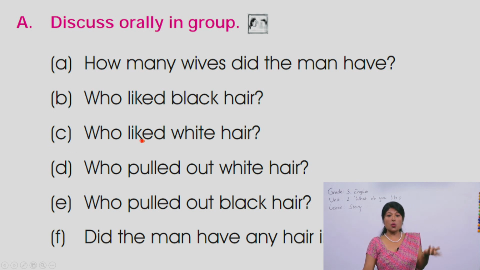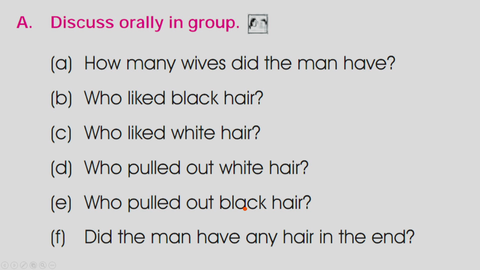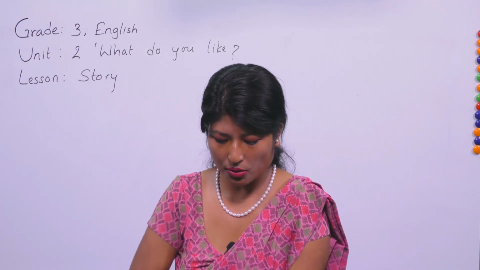Number C, who liked white hair? Number D, who pulled out white hair? Who pulled out black hair? You have to remember all these things from the story. And finally, did the man have any hair in the end? Okay, let's discuss one by one now.